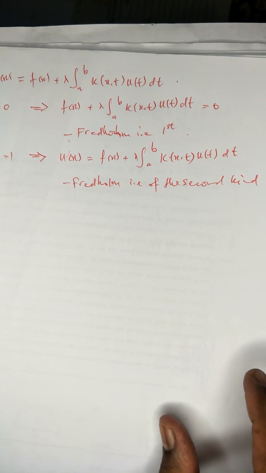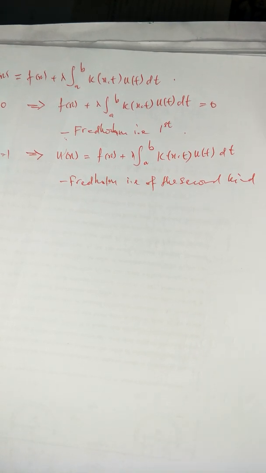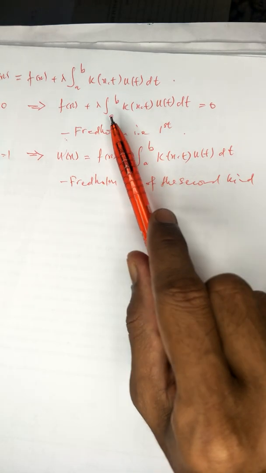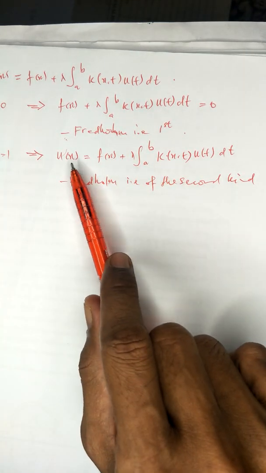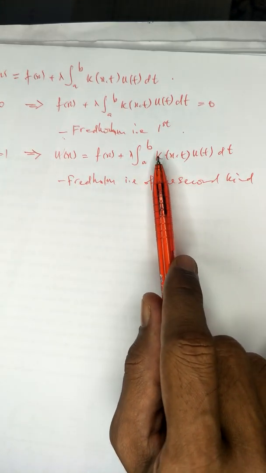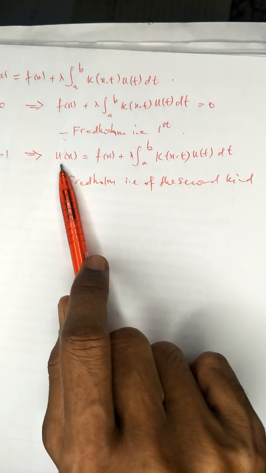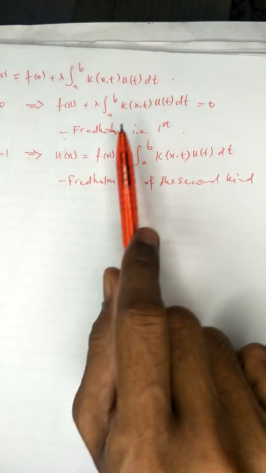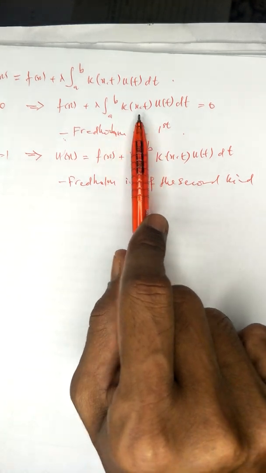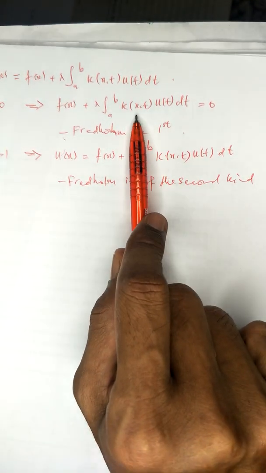The difference is that for the second kind, the unknown function appears inside the integral as well as outside the integral, whereas for the first kind, the unknown function only appears inside the integral sign.